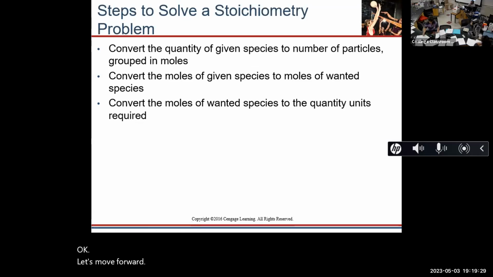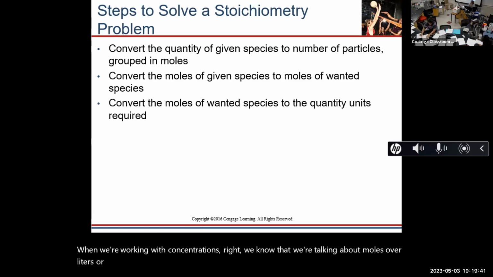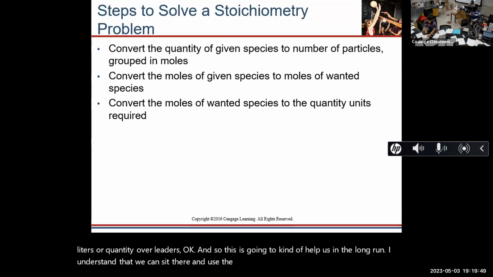Okay, so when we're working with concentrations, we know that we're talking about moles over liters or quantity over liters. This is going to help us in the long run to understand that we can use the molarity to do it.